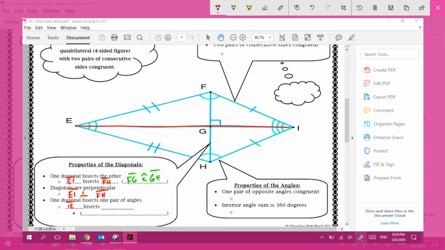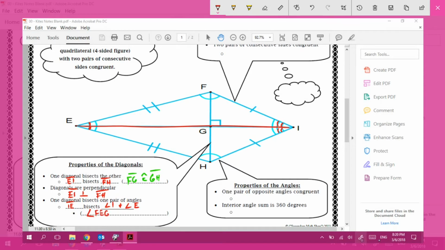IE bisects which angles? It bisects angle I and angle E. These two are perfectly bisected. These are the same, and these are the same. Wow. And that means if I wanted to write something, I could write angle FEG.